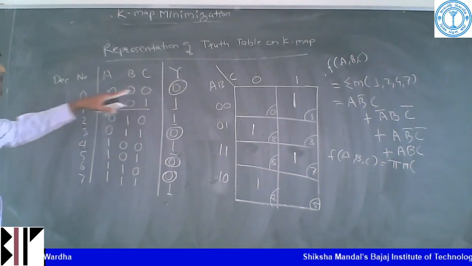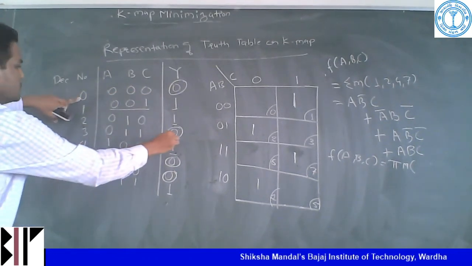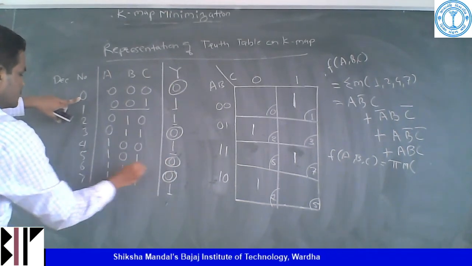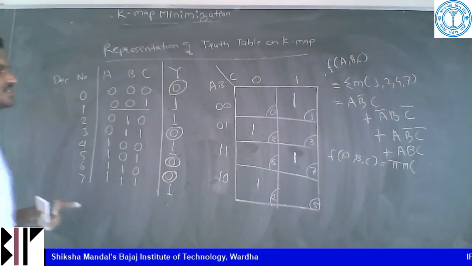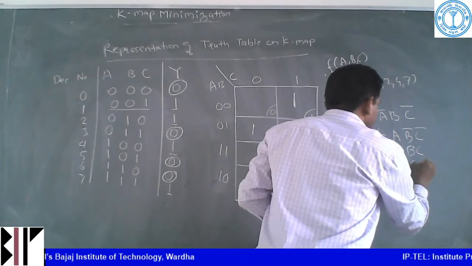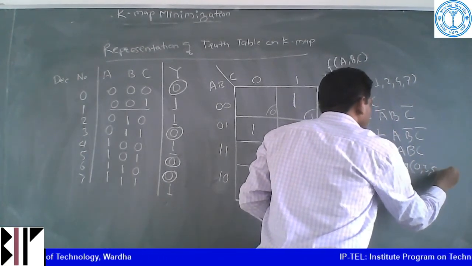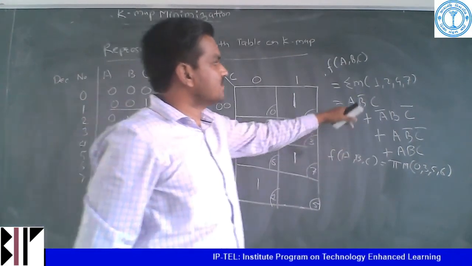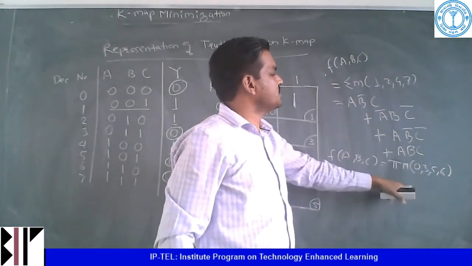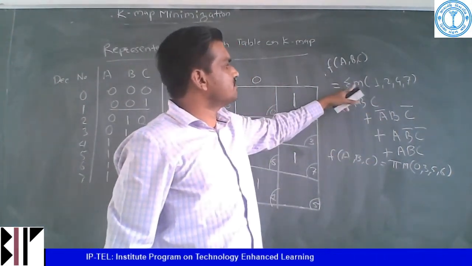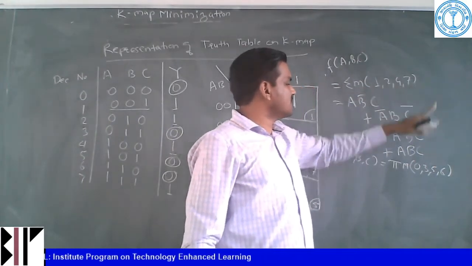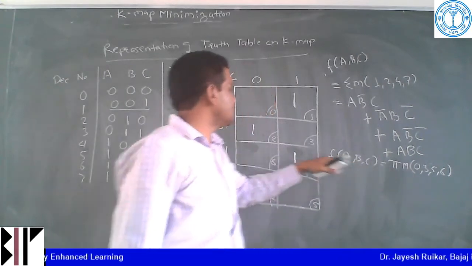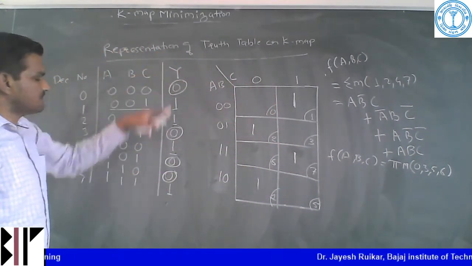So 0 at the 0th position, then 3, 5 and 6. For these 4 values, you can see they are the dual of each other. In terms of min terms, 1, 2, 4, 7 are there, and those not in the min terms are present in the max terms of this truth table.